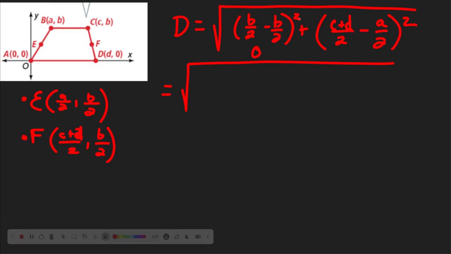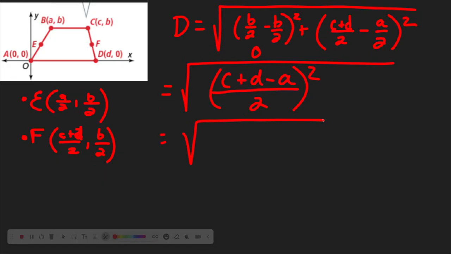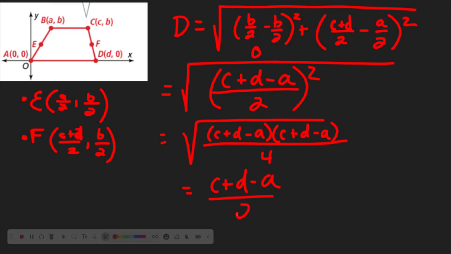This we can combine into a single fraction, so it's C plus D minus A all over 2, squared. So it's the square root of C plus D minus A times C plus D minus A, all over 4. That's not bad, because when we take the square root, it's just going to be C plus D minus A over 2. That is the distance.